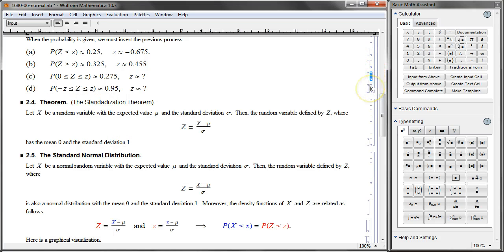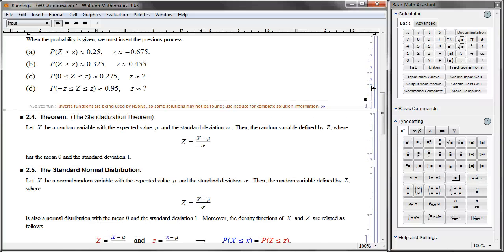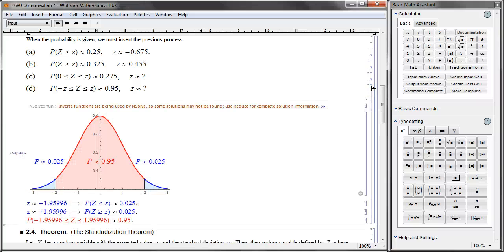And how about this one? Between a certain value and the negative of that, the probability is 0.95. We are in this kind of situation. In the middle we have 0.95. Left-hand side 0.025, right-hand side 0.025. So we want 0.025 from the table, and then in order to get the second value, 0.95 plus 0.025, 0.975 for the second one.